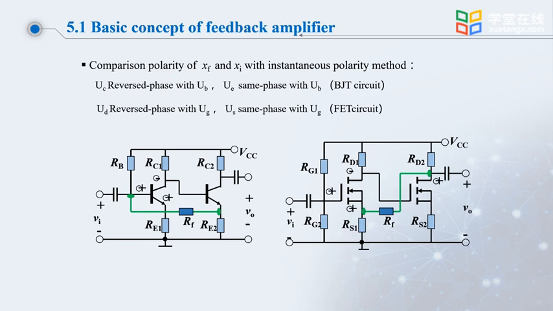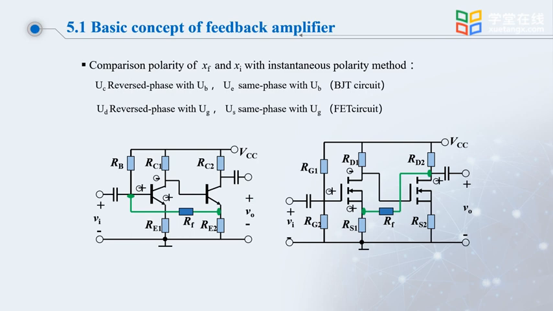For the field effect transistor too, from gate to source, the instantaneous polarity does not change, and from gate to drain, the instantaneous polarity is reversed. That is, if I give the gate an instantaneous positive voltage, an instantaneous positive voltage is generated at the source, but on the drain it produces an instantaneous negative voltage.